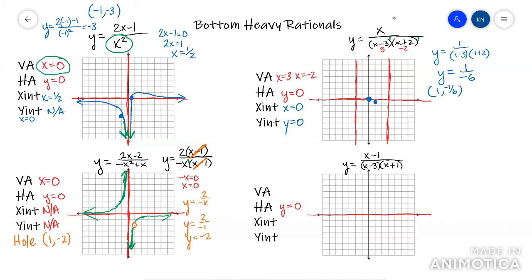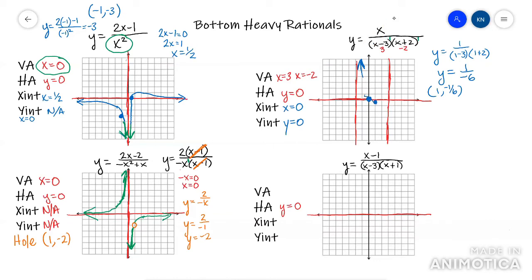I know it doesn't look like it tells me a lot, but it actually tells me a whole lot because I'm going to have an arrow up here. And the reason I know that is because this x-intercept here, it's not a bounce. It's an exponent of 1. So it's going to have to slice through.